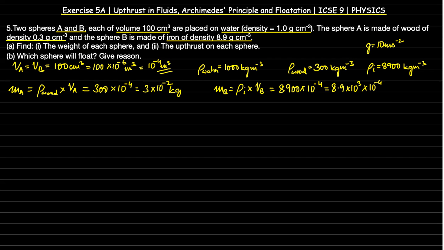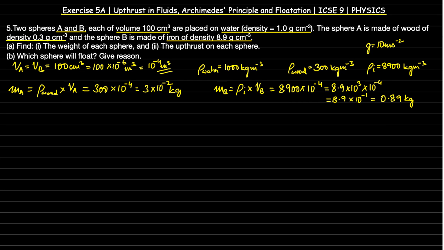So this is going to be in kg. So we get this as 10 to the power of plus 3 minus 4, which is 10 to the power of minus 1. So we get this as 8.9 into 10 to the power of minus 1, which is nothing but 0.89. So we get this as 0.89 kg. So we have got MB as 0.89 kg.